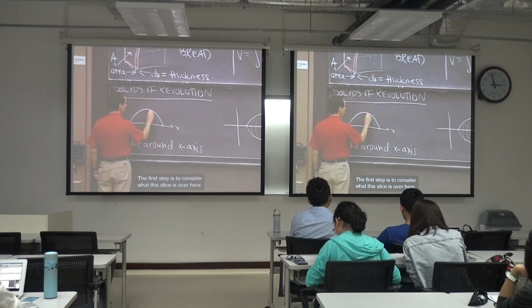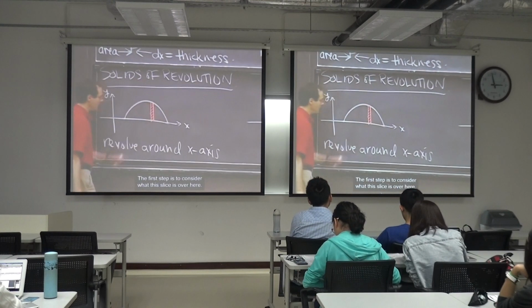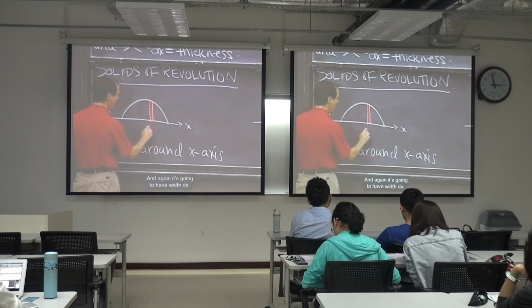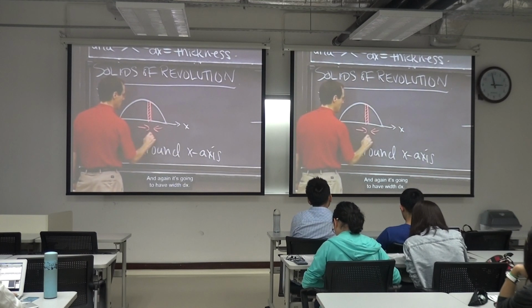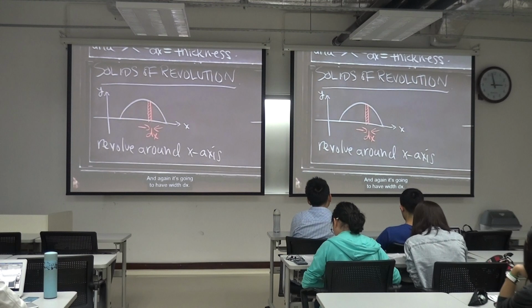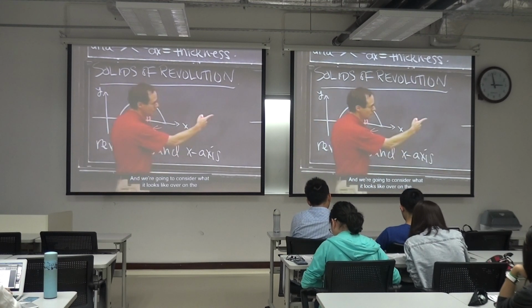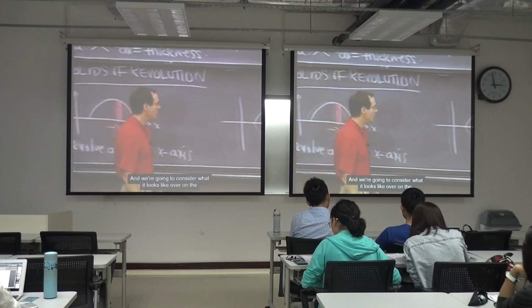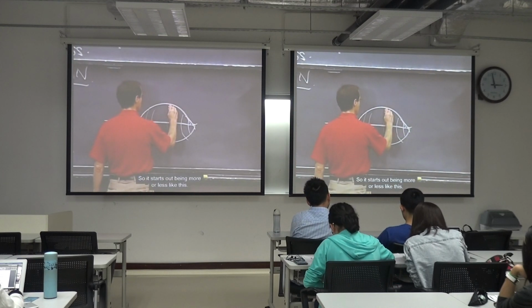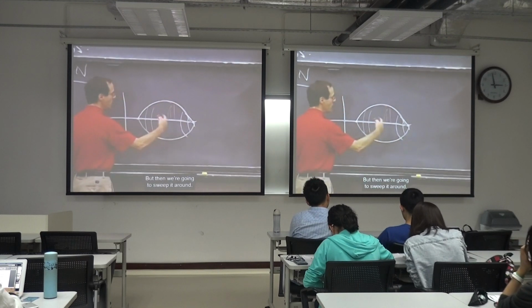The first step is to consider what the slice is over here. And again, it's going to have width dx. And we're going to consider what it looks like over on the 3D picture. So it starts out being more or less like this, but then we're going to sweep it around.